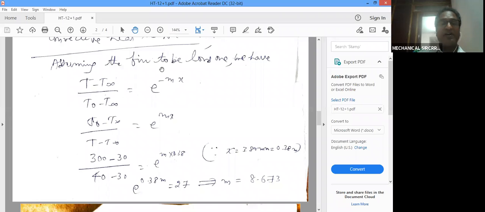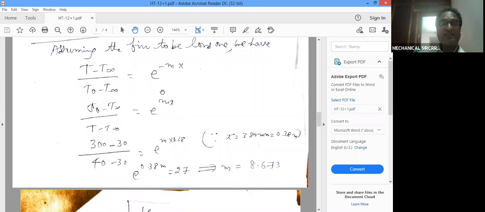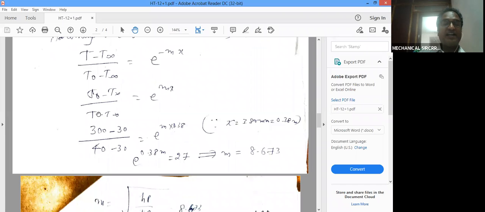Okay, so reverse this one. Instead of e power minus mx, you can change it to e power mx. By reversing the ratio, numerator to denominator and denominator to numerator, T0 minus T free stream divided by T minus T free stream is equal to e power mx.